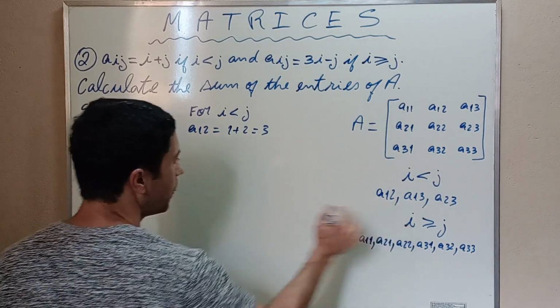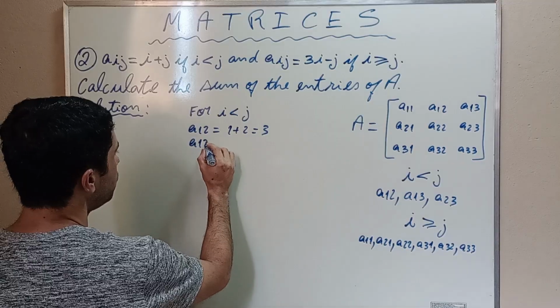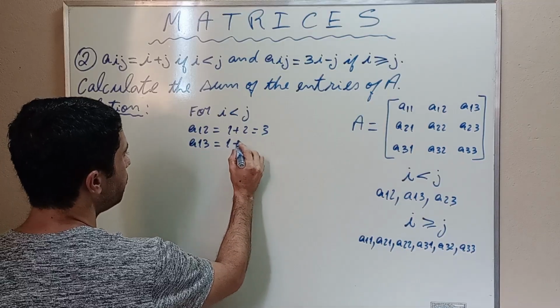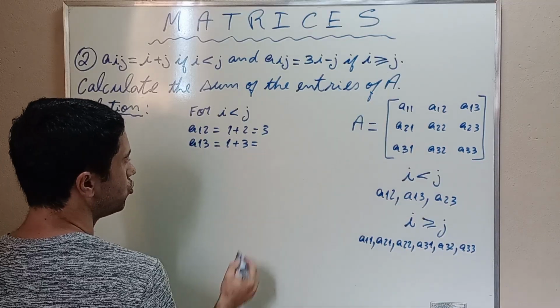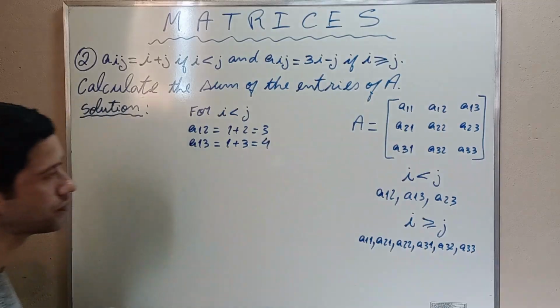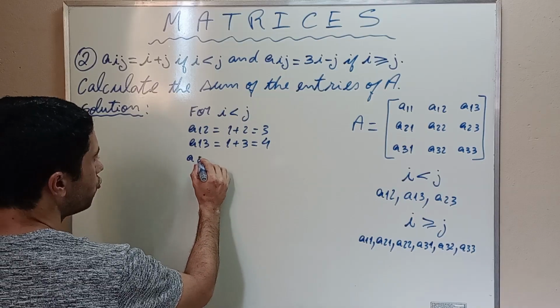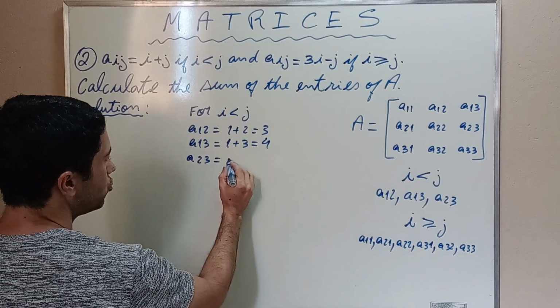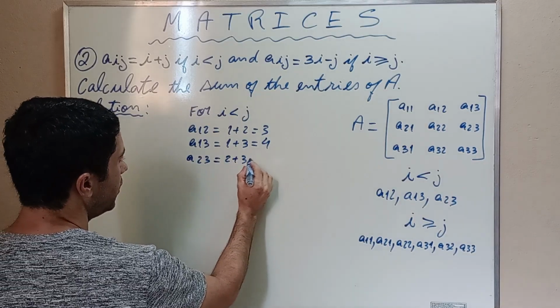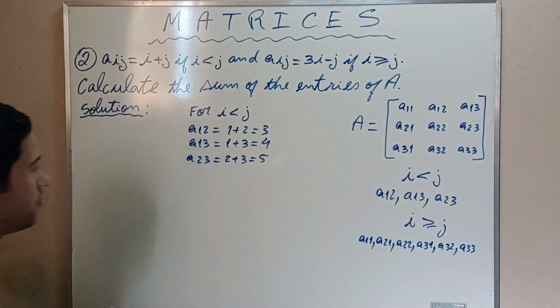The next one, A13 is equal to 1 plus 3, which is equal to 4. And the last one, A23 equal to 2 plus 3, and this is equal to 5.